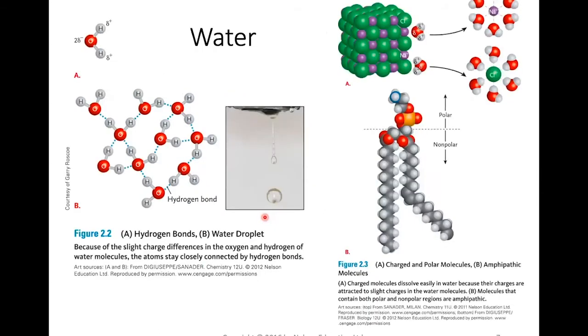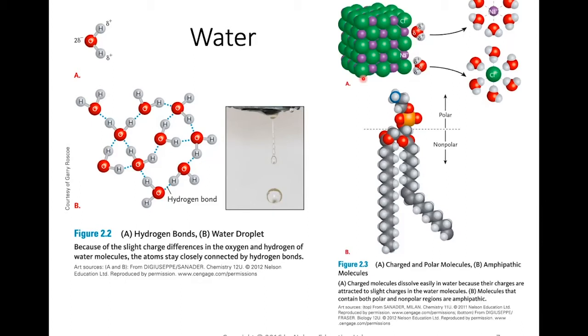All right, so water is a polar molecule, slightly positive end and a slightly negative end. The way that that interacts with ionic compounds is that these slightly positive and negative charges are attracted to the positive and negative cations and anions in ionic compounds. Okay, so here we're looking at sodium and chlorine. So this is an example of your sodium chloride. This is your salt. Remember I mentioned ionic compounds.